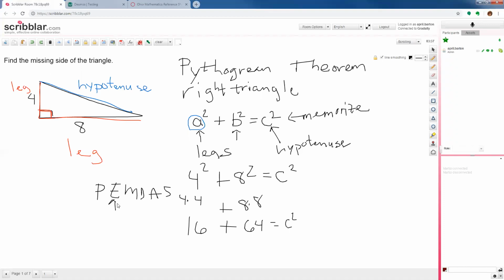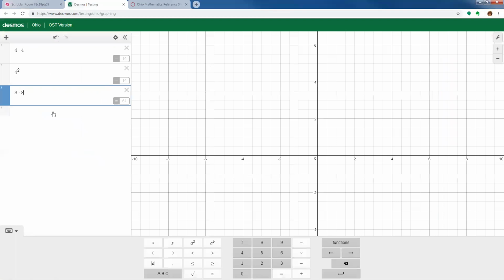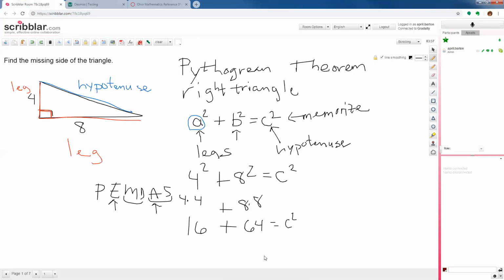So exponents came before the addition and subtraction section. So we did the squared first, but we ignored that plus sign until after we did both squared. So then we add them together. And that's 80. Good.